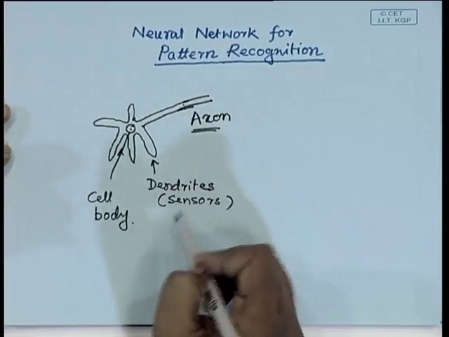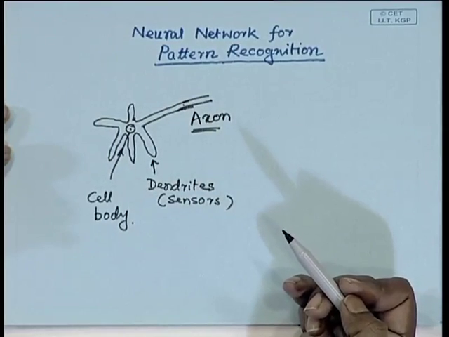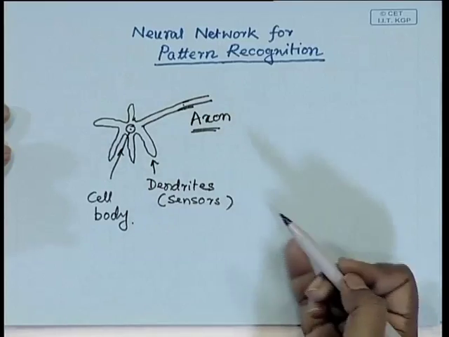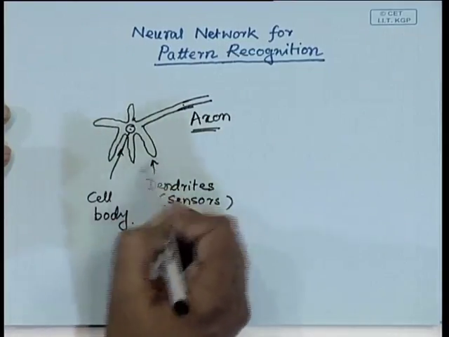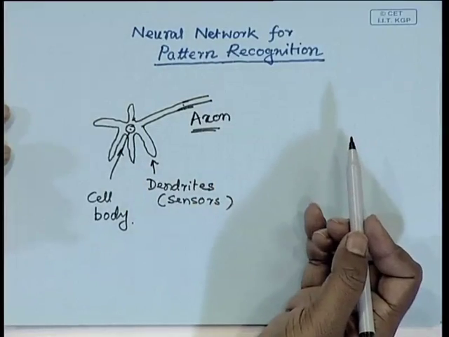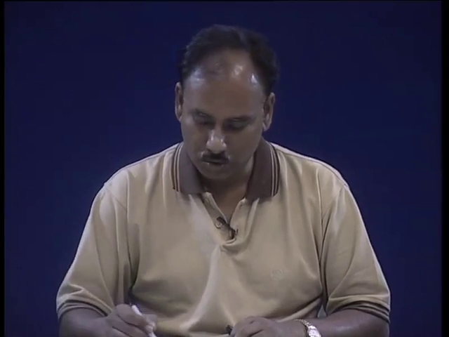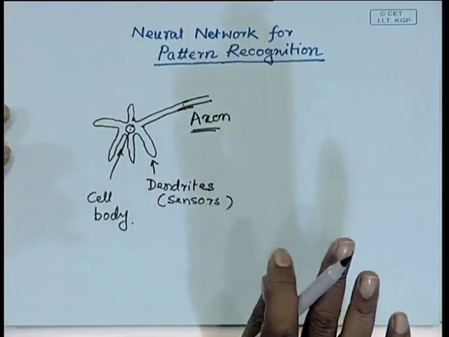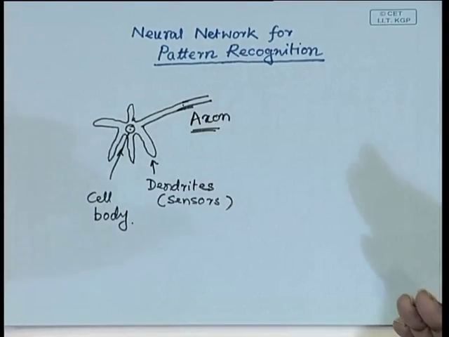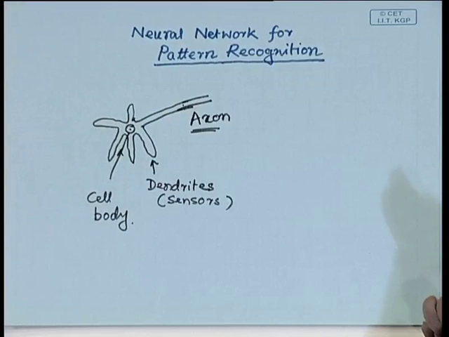And depending upon what kind of stimulus or what kind of sensing this cell body has done, the brain decides on a particular action and sends that information to our different muscles through a set of such neurons, and then we take certain action by activating the corresponding muscles.